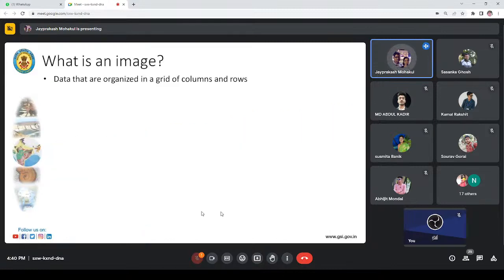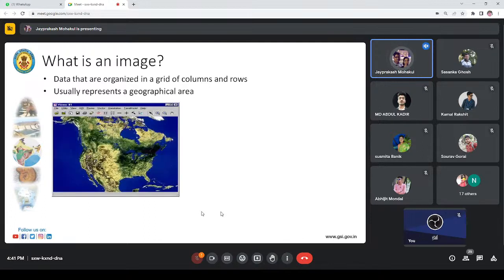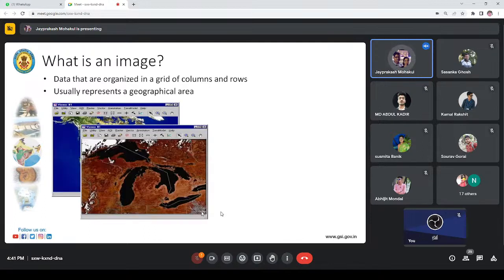This, of course, we were discussing last class also. A raster image is an array of numbers where data is organized in rows and columns, usually representing geographic data.